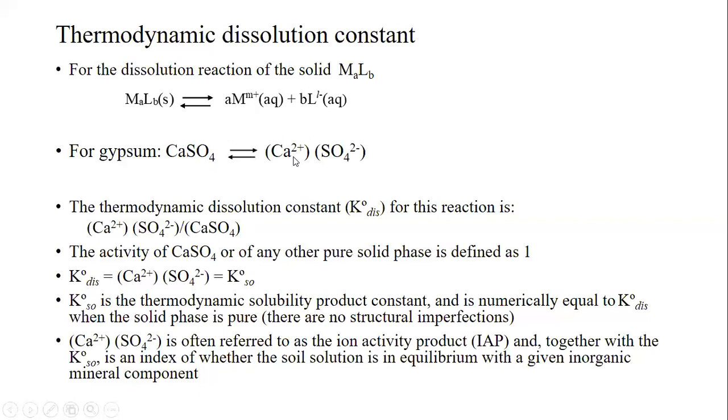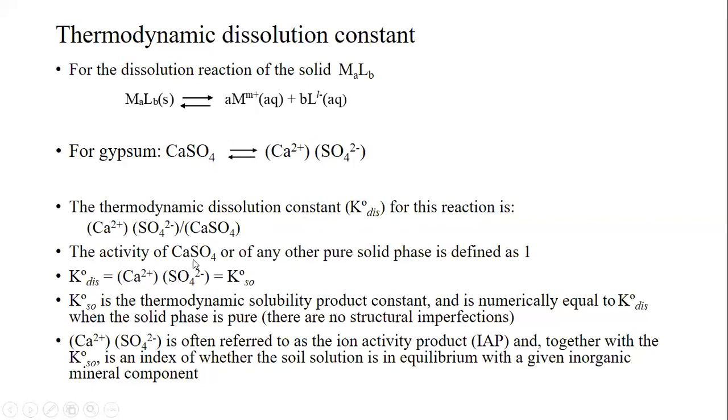So it gives you calcium ions. Remember, these parentheses mean activity. Calcium activity times sulfate activity. The thermodynamic dissolution constant, K0, thermodynamic, remember, we refer to it as K0 of dissociation for this reaction: you multiply the activity of calcium times the activity of sulfate over the activity of calcium sulfate.